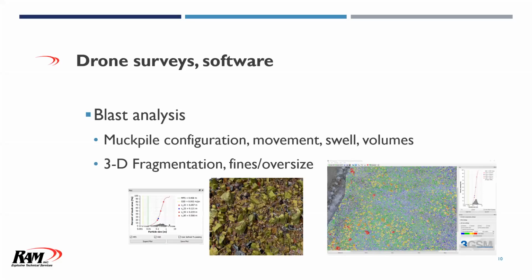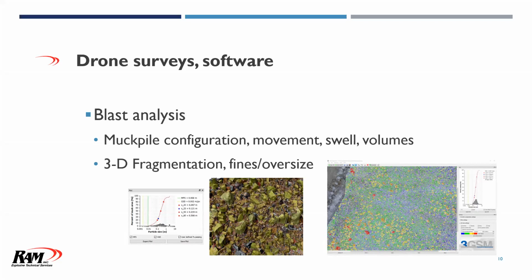Along with that is 3D fragmentation. And if any of you happen to catch the webinar we just had this last week on this, very unique to the industry. In the past, it's always been a 2D fragmentation, and it's always had its challenges because it needed scales.